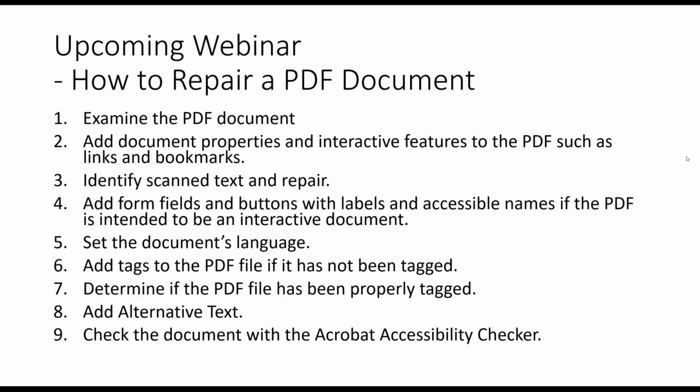The most important thing to remember, again, is that source document that was used to create the PDF. If you have access to the source, that's the way to go. A little phrase that's used a lot in the accessibility for documents is that source is king.